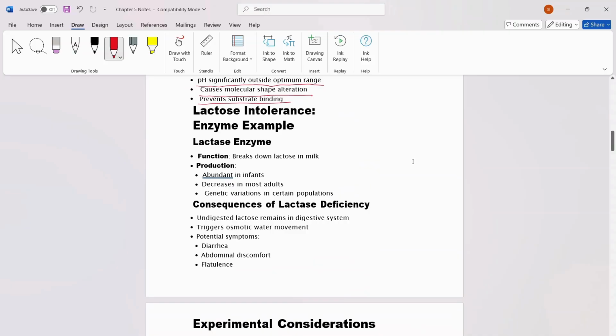Then we have lactose intolerance. Enzyme example, lactase enzyme function. It breaks down lactose in milk. Production is abundant in infants, decreases in most adults, with genetic variation in certain populations.